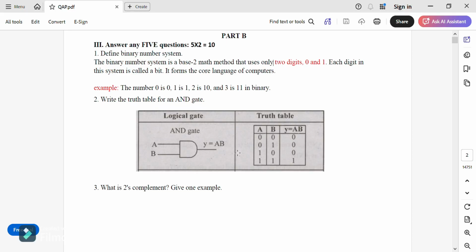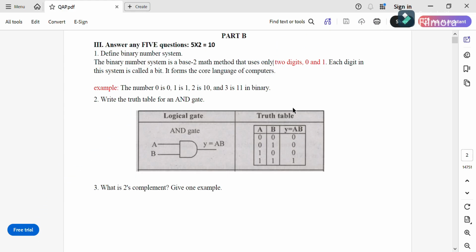Here they have asked for the truth table for the AND gate. Only writing the truth table is not sufficient. You have to draw the symbol of the AND gate, write the equation Y equals AB, and write the correct truth table. Then only you will get the full 2 marks.